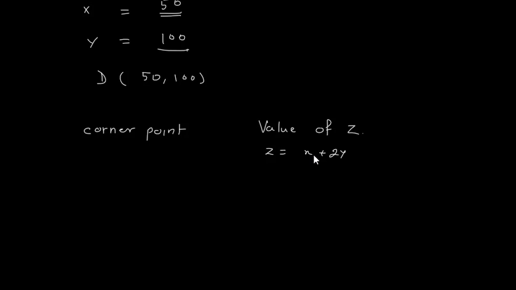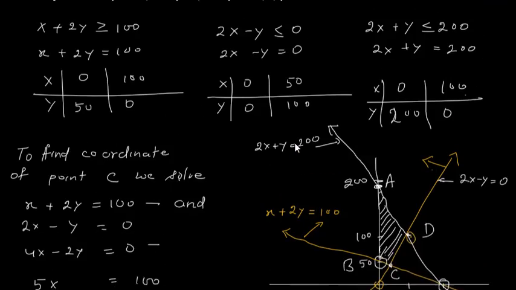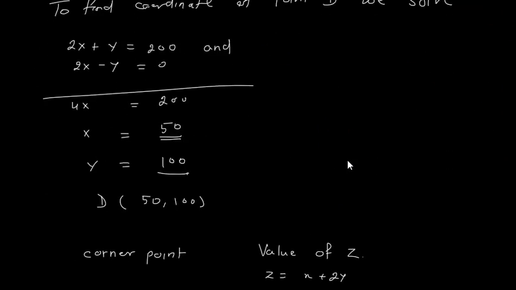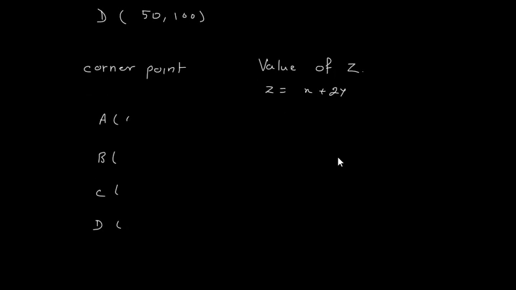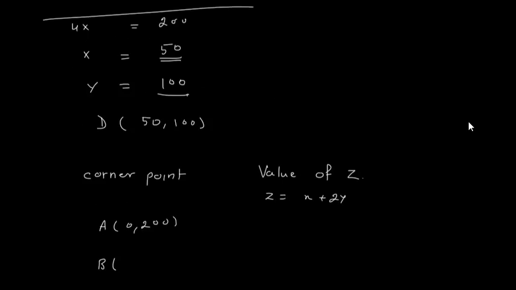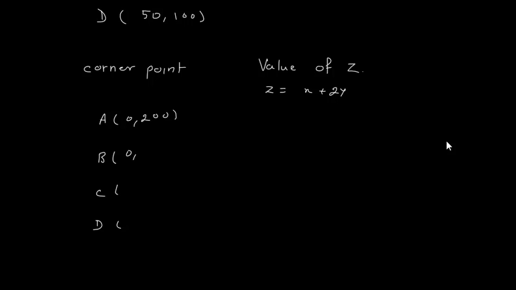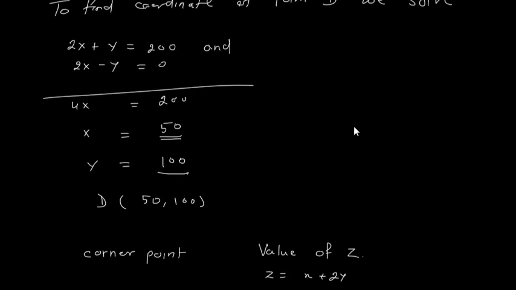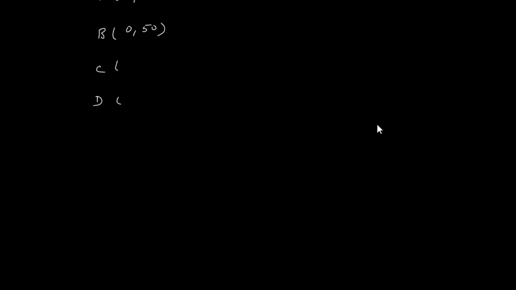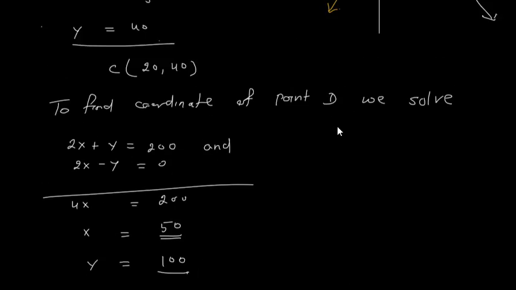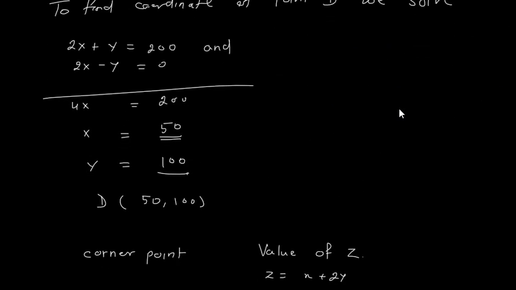Corner points are A, B, C and D. Coordinate of point A is 0, 200, coordinate of point B is 0, 50, coordinate of point C is 20, 40 and coordinate of point D is 50, 100.